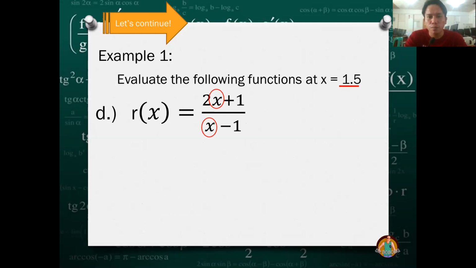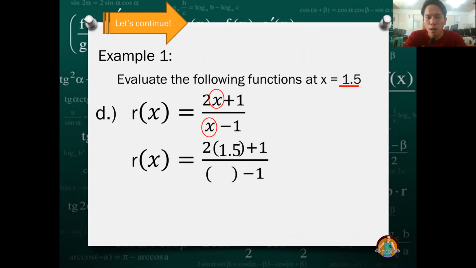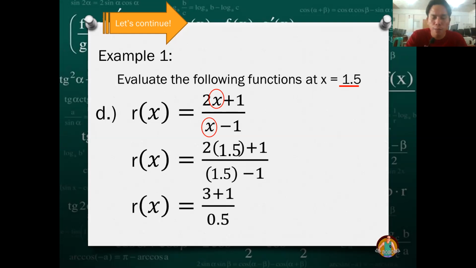So simulan natin sa taas. 2 times 1.5 plus 1 over 1.5 minus 1. 2 times 1.5 will give us 3 plus 1, over 1.5 minus 1 is 0.5 sa denominator. So 3 plus 1 is equals to 4 divided by 0.5. 4 divided by 0.5 will give us 8, and that will be the value of our r of x or y.